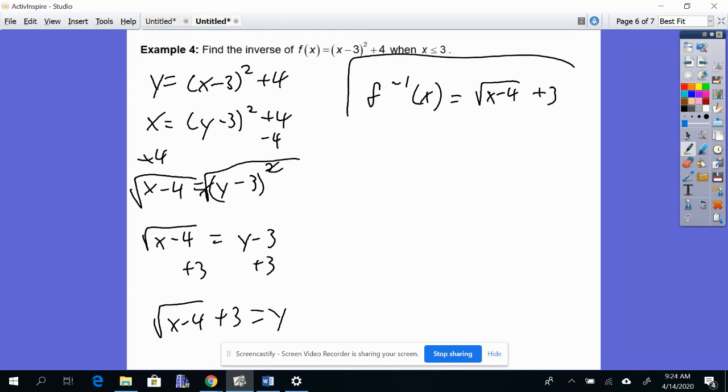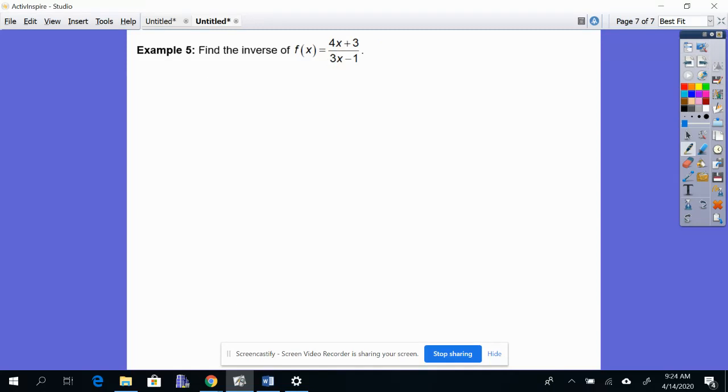Okay, there's my answer. Okay, this last one is the tricky one. There's a trick to it. Watch carefully, pay attention. Anytime you have a rational and you have x's in the numerator and denominator, it's the same process. Don't worry, but I need to be careful on how I deal with it.